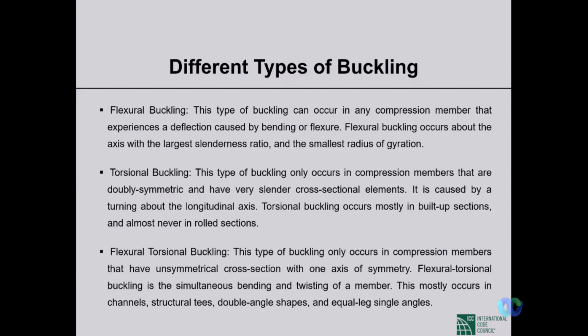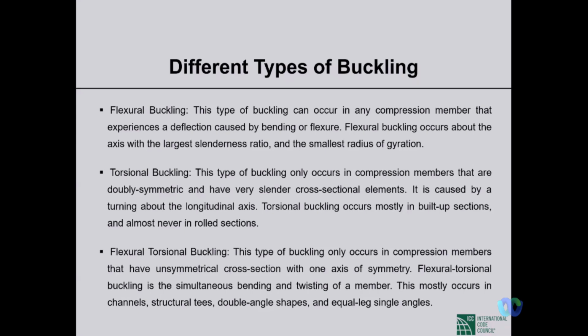So in any compression member that experiences a deflection caused by bending or flexure, flexural buckling occurs about the axis with the largest slenderness ratio and the smallest radius of gyration, that is the weak axis. In the direction of the weak axis, there will be buckling. We know that buckling always occurs in the weak axis.